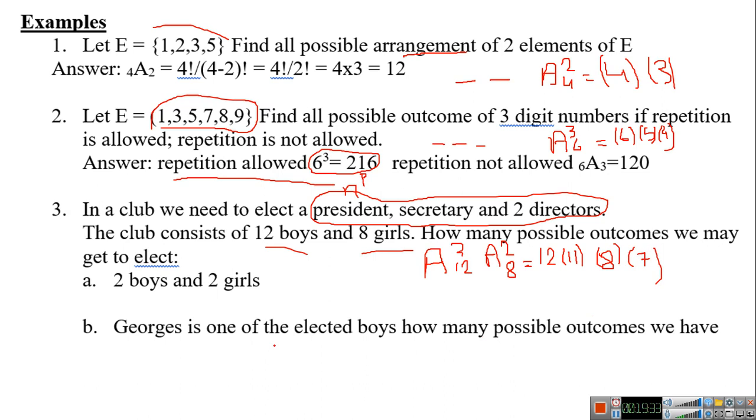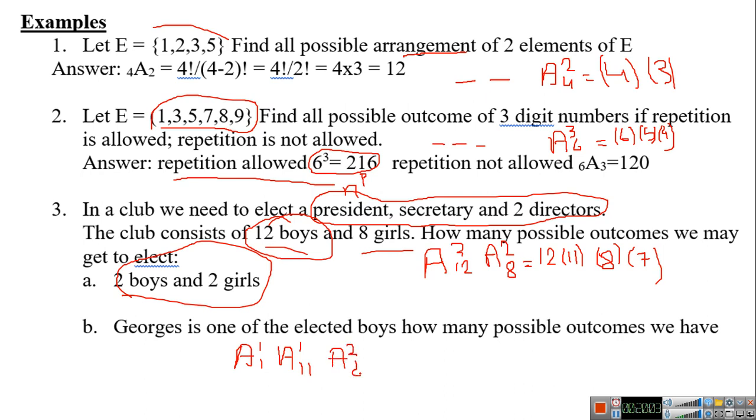George is one of the elected, and I'm sure that I want to elect George. How many Georges do I have in the class? Only 1 George. I want to elect 2 boys and 2 girls, so 1 boy remains. Instead of electing from 12 boys, I have already picked George, which is choice 1 out of 1. It remains to elect only 1 out of 11, and I want to elect 2 girls, an arrangement of 2 out of 8 girls.